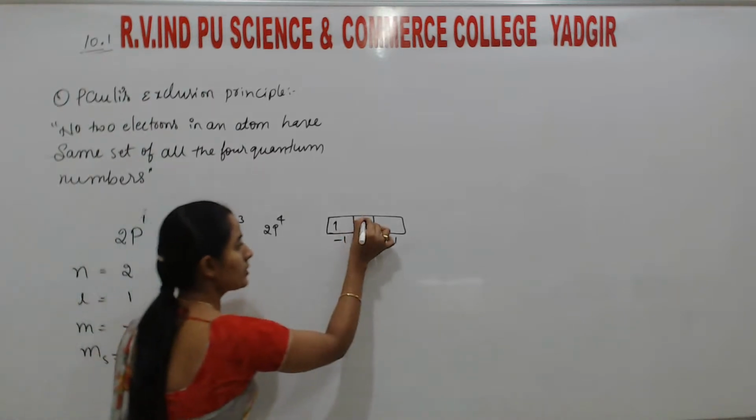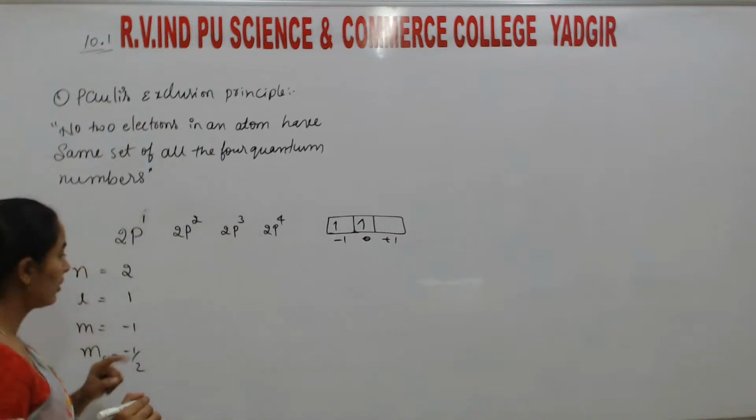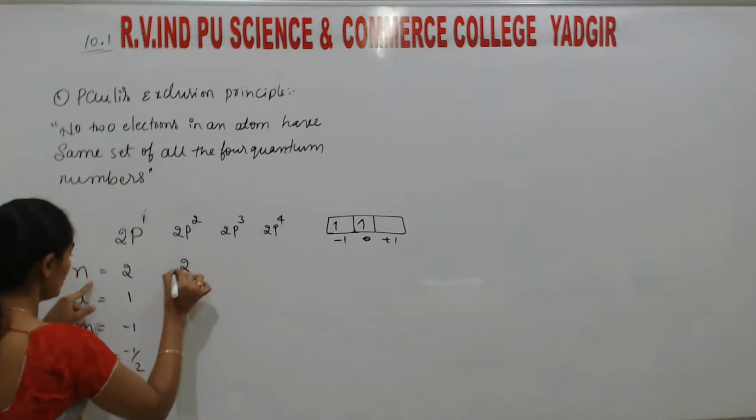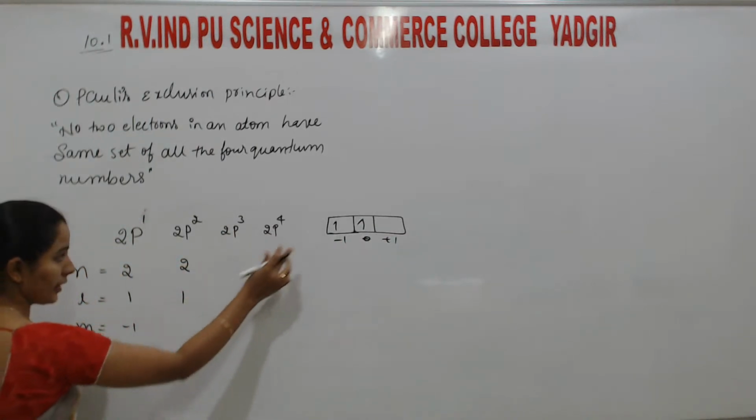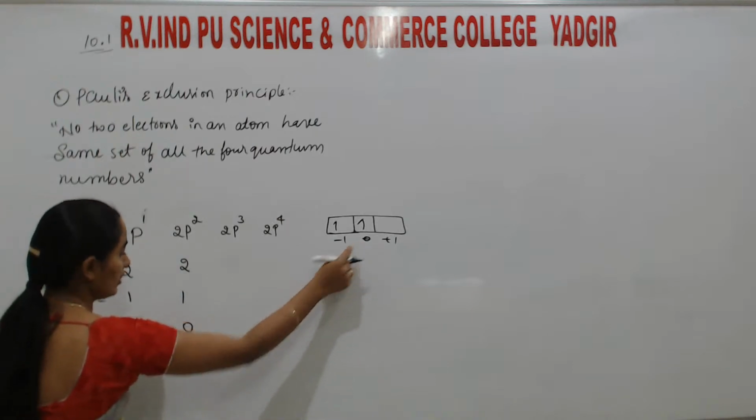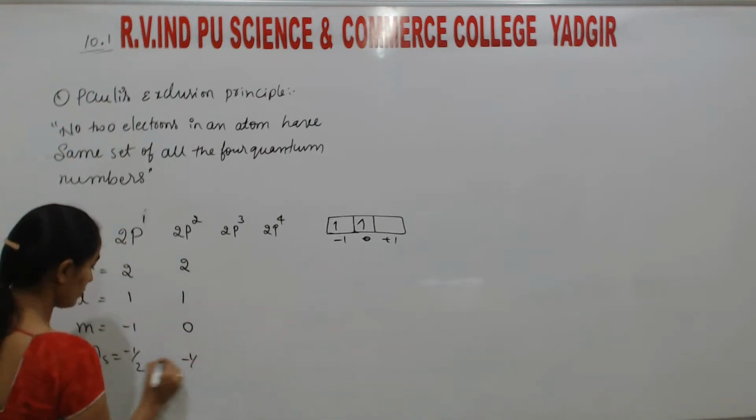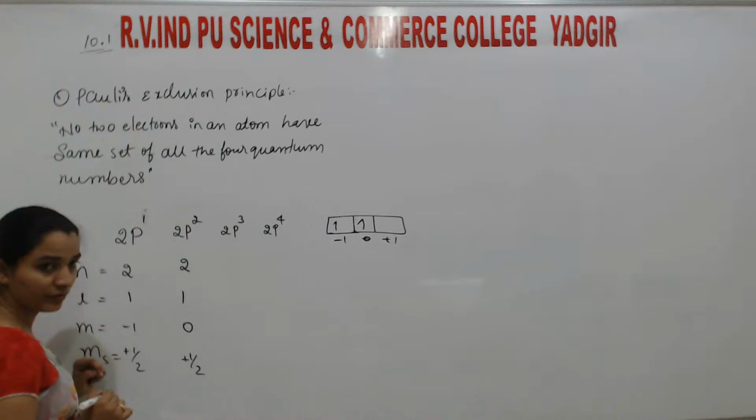Next, 2p2 means this electron is here. Here, n is 2, l is 1, m is 0 here, and the ms is of course plus half, sorry, not minus half.